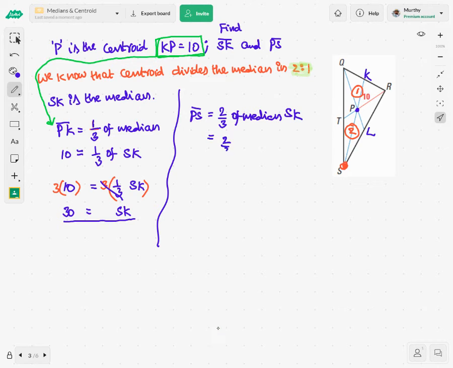We already computed the length of SK in the previous calculation. That value is to be plugged in here. So 2/3 of 30, make use of a calculator. I think, yeah, you'll end up with 20 units. So the length of PS equals 20 units. That's it.